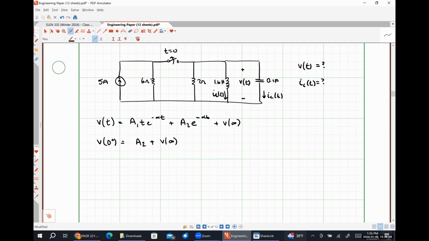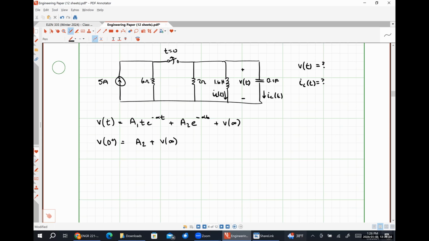We have a critically damped circuit, so we have to use the critically damped response equations. Our second equation would obviously be the inductor current relationship, which we've done the same way every other time. So, all right, what's next?